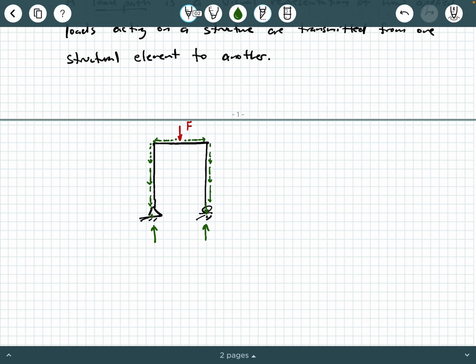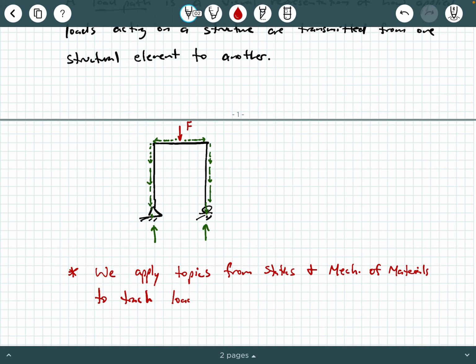And before we conclude, sorry, almost forgot one thing. Okay, make a note here. We apply topics, and I kind of said this already, but I'm going to explicitly write it. We apply topics from statics and mechanics of materials to track load paths analytically.